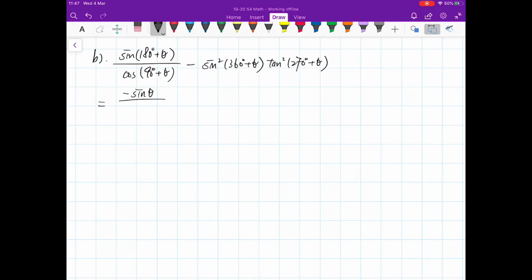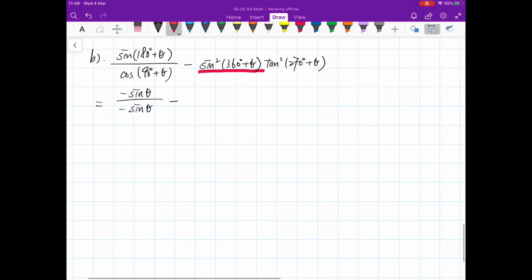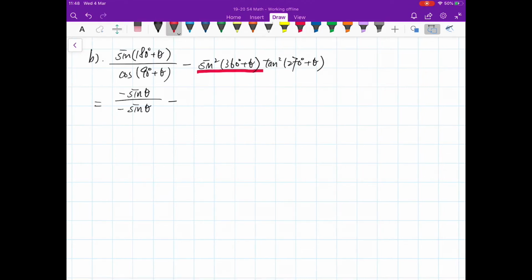And for the denominator, cosine 90 degrees plus theta becomes negative sine theta again. Then for the next part, sine square of 360 degrees plus theta. Since it involves a square, I will do it on the right hand side.